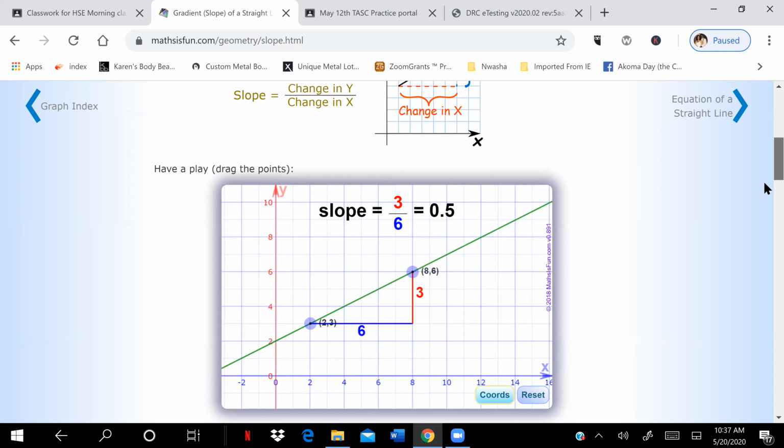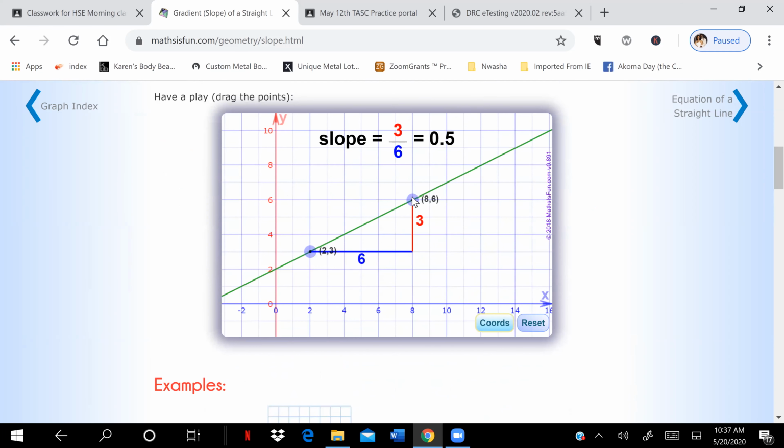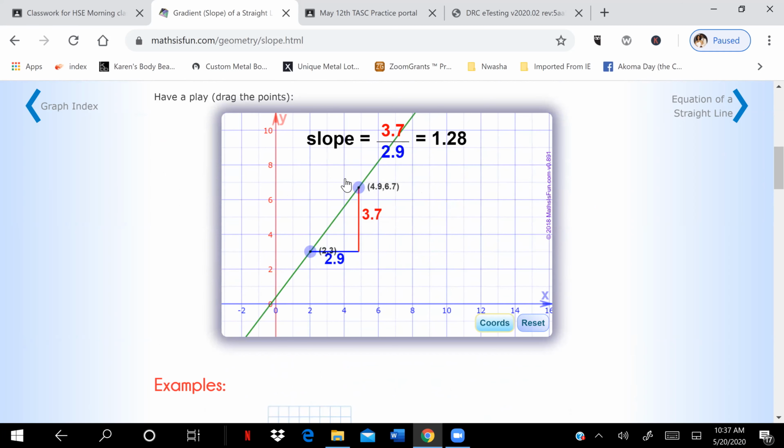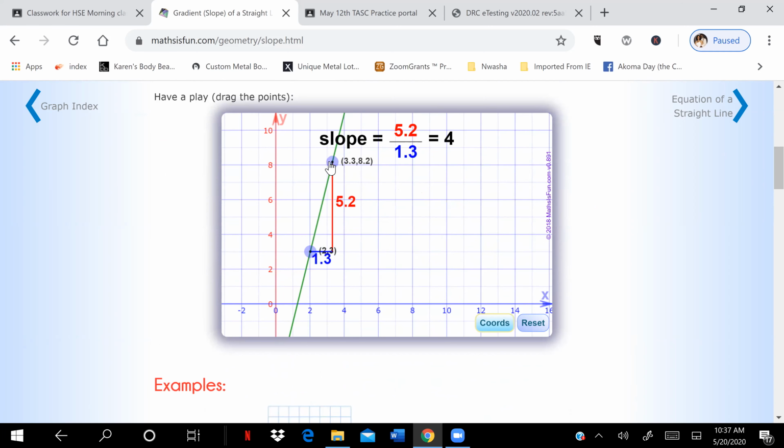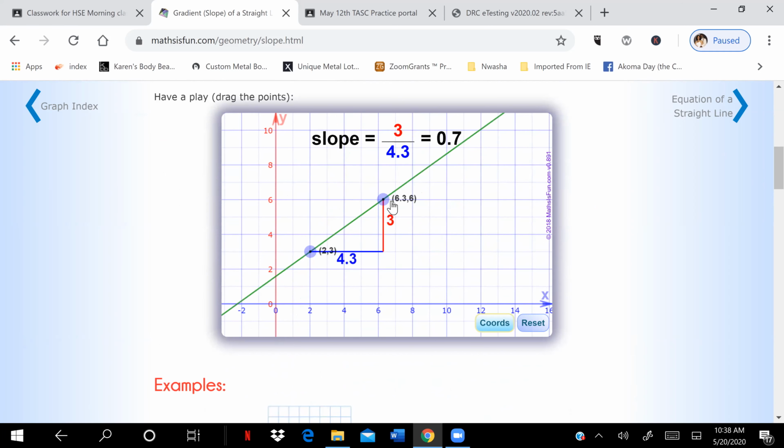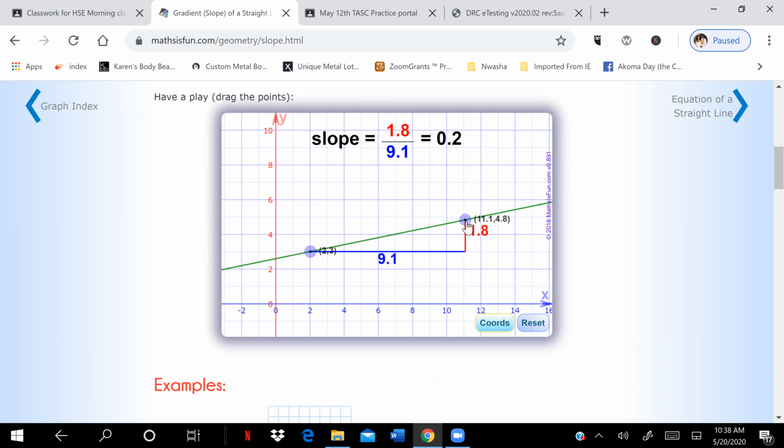You can also do something interactive, which I would recommend you do just so that you can see how things change, right? So if you go to a very steep line, you're seeing how the slope is different. If you go to an almost flat line, you're seeing how the slope changes.